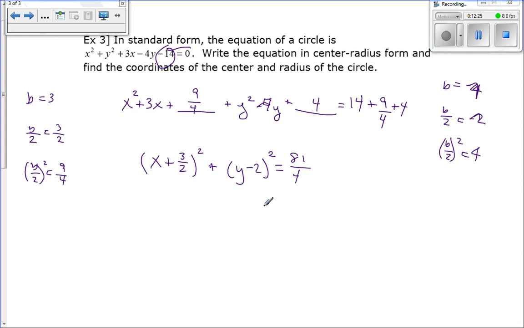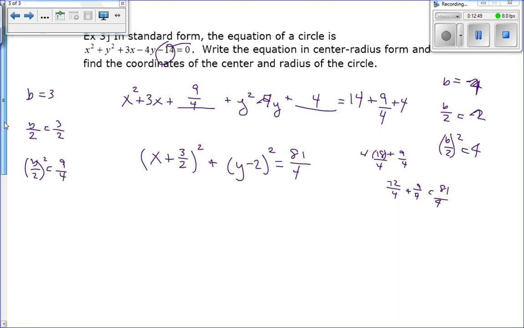And I can leave it as that. Okay? All I did was add 18 plus 9/4. My common denominator is 4, so I need to multiply the numerator by 4. So I have 72 fourths plus 9/4, which is 81/4.